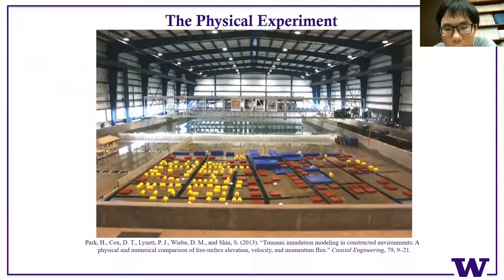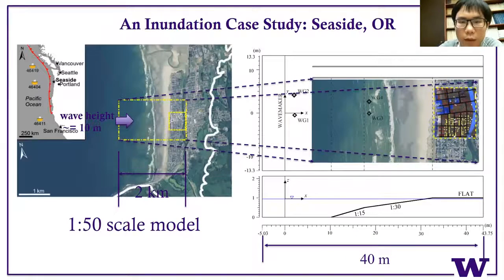And here is a snapshot from the experiment, and you can see a single peak tsunami wave is coming toward us, and it's going to hit the buildings categorized by 3 different colors, red, blue, and yellow. Okay, the yellow rectangle on the figure on the left shows the region where we are going to model.